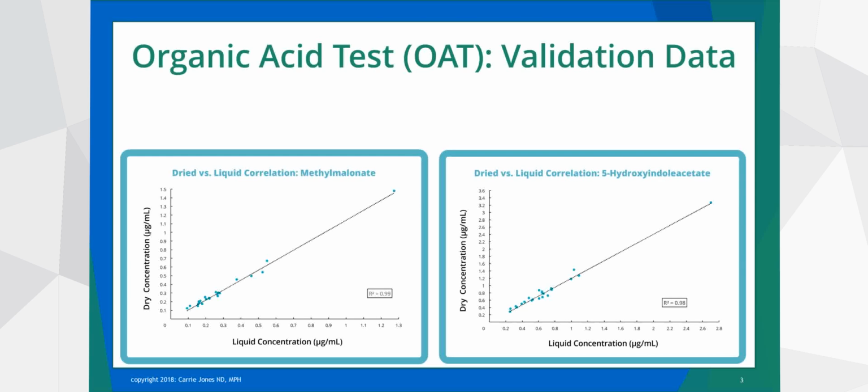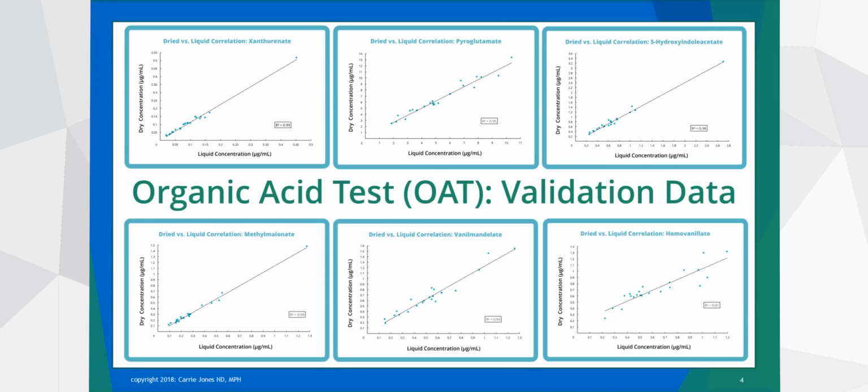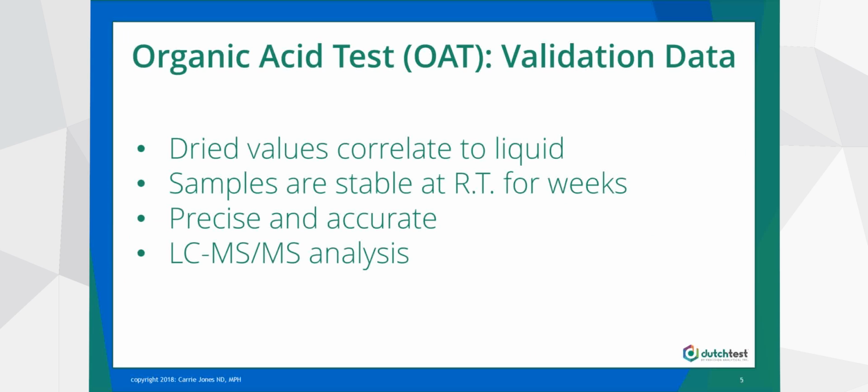We've got one of our B12 deficiency markers, methylmalonic acid or methylmalonate, and then one of the neurotransmitter metabolites, 5-hydroxyindole acetic acid or 5-hydroxyindole acetate, which is your serotonin metabolite. You can see further data here on the others that we are testing, but we do want to assure you that the values that we're looking at correlate to liquid samples.